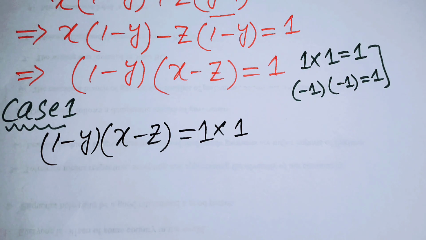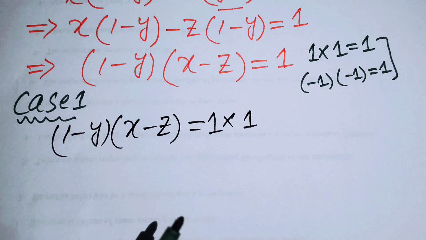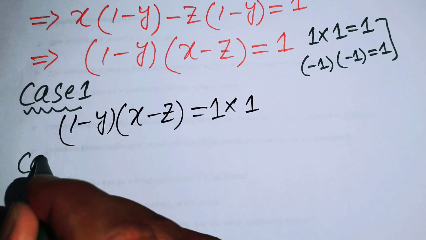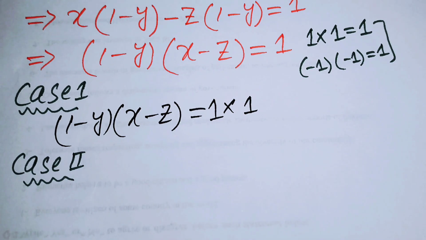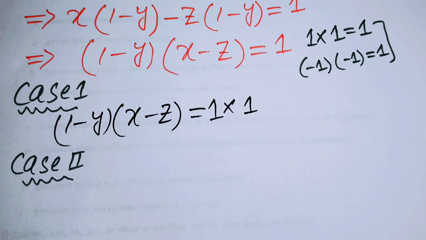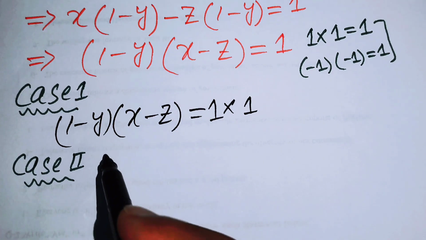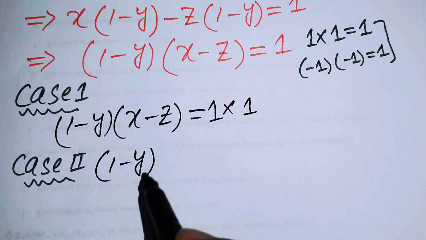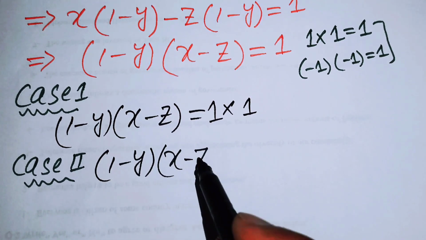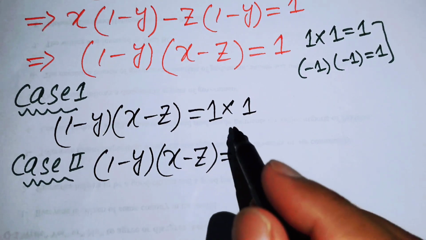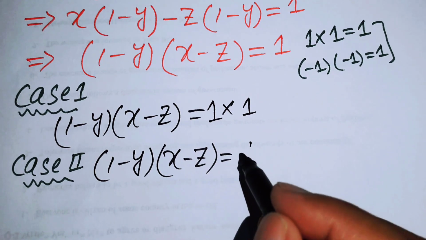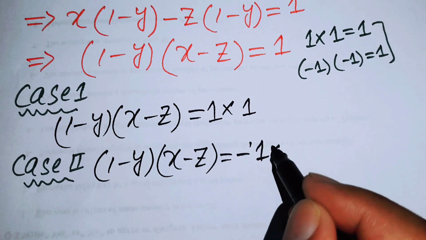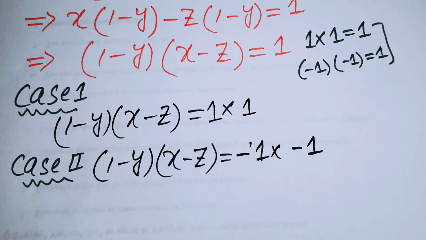Similarly I can write the case number 2. So the case number 2 is, we write (1 minus y) times (x minus z) is equal to, and here the right hand side is minus 1 times minus 1.